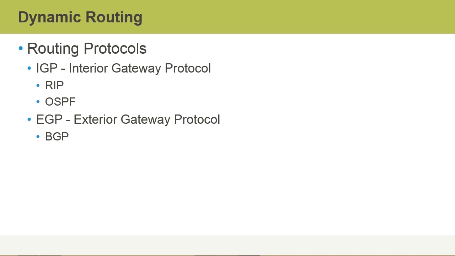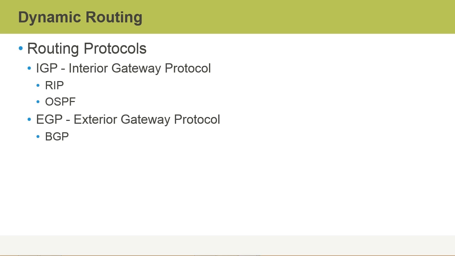Corporations and large enterprises have routers spread across the company, creating and connecting different networks for internal purposes. If you wanted to use dynamic routing, you'd load an interior gateway protocol on those routers so that they share knowledge with one another internally of all the routes that exist. Examples of interior gateway routing protocols are RIP and OSPF. Those are two very common routing protocols.